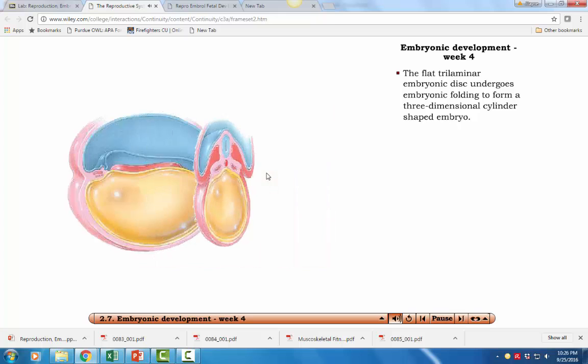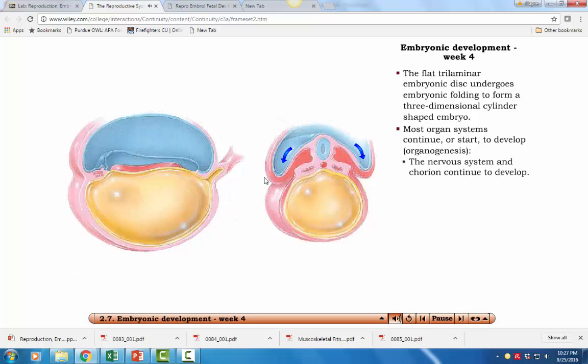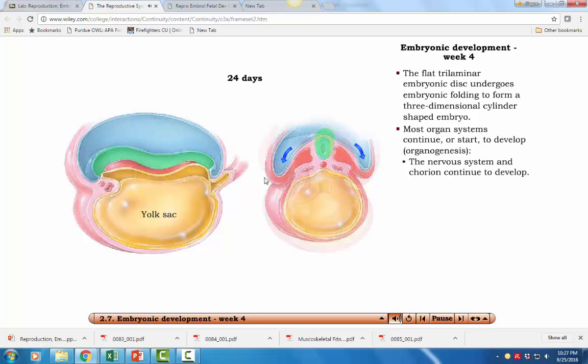During the 4th week, through a process called embryonic folding, the 3 flat layers of the trilaminar disc begin to fold around to form a 3-dimensional cylinder-shaped embryo. During this week, most organ systems continue or begin to develop via the process known as organogenesis. The nervous system and chorion continue to develop.